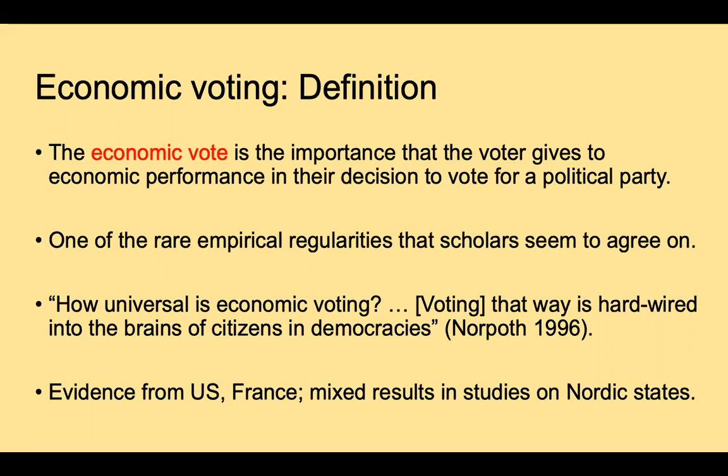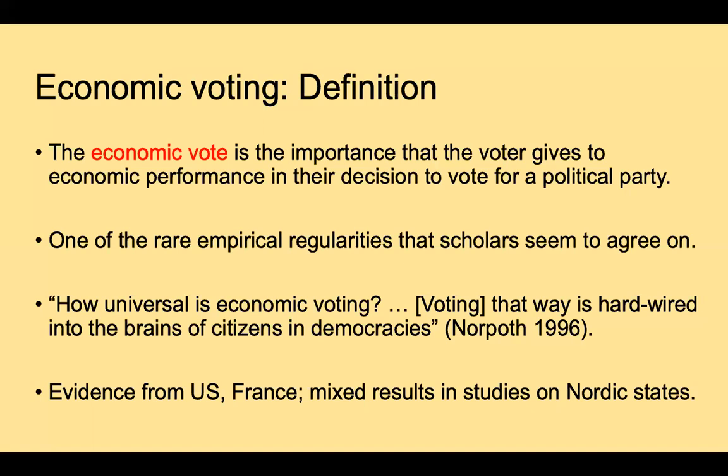It's also very neat and tidy and consistent with rational choice perspectives. Because of both the robustness of the finding and the intuitiveness of the logic, this is something that scholars agree on a great deal. There's a lot of discussion and controversy in comparative political behavior, but this is one area where there's a lot of agreement about some of the basics: the idea that the economic vote is a real thing and that voters decide based on these considerations.